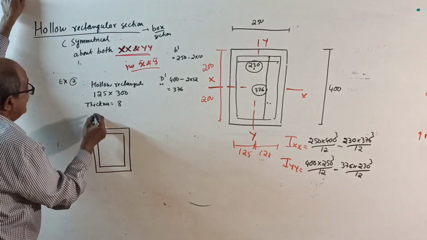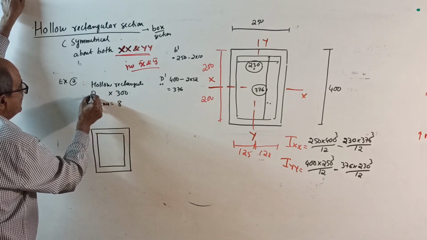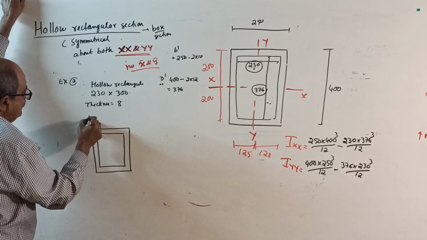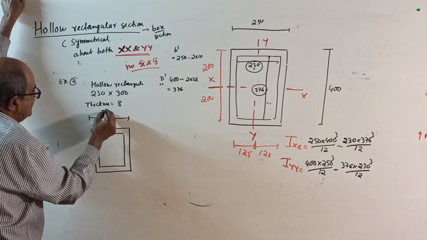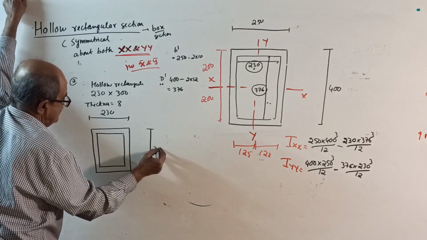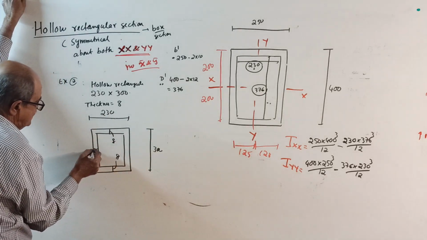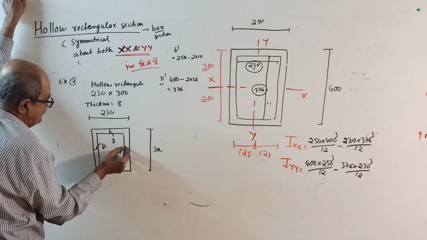That means this is out of scale, not 125. I'll put 230. This is 230, this is 300, this is 8, this also 8, this also 8, this also 8.